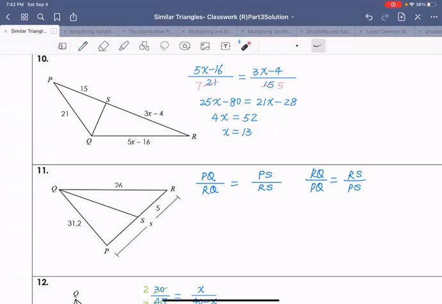Okay, go ahead, plug in the numbers. 31.2 over 26 equals X over 2, or hold on. You cannot say these two pieces are equal. This guy is not the median. This guy is the angle bisector.